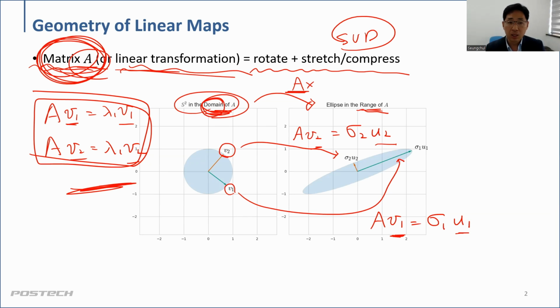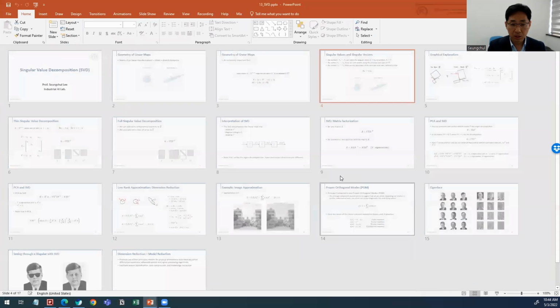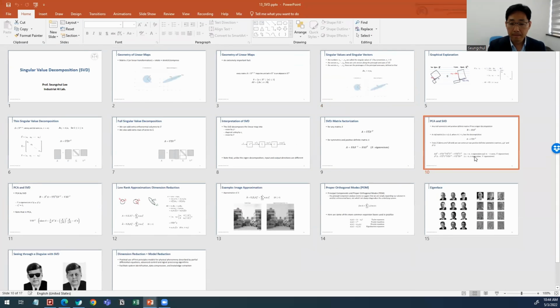We can apply it to any matrix A. So, okay, with the concept of SVD, we can do a lot of things. Actually it's related to low rank approximations, which is related to dimension reductions as well.